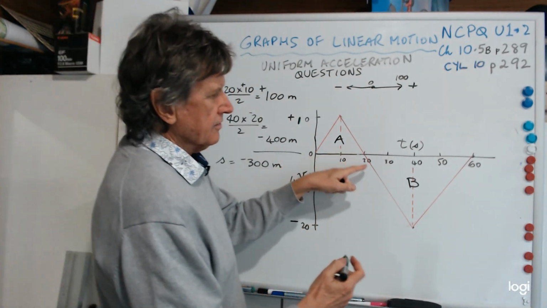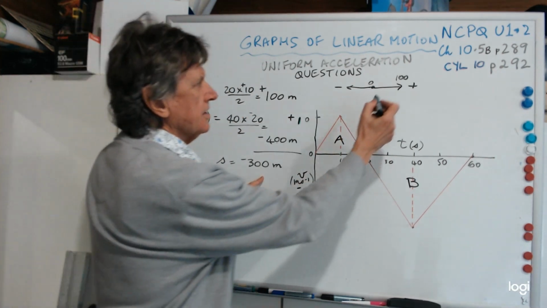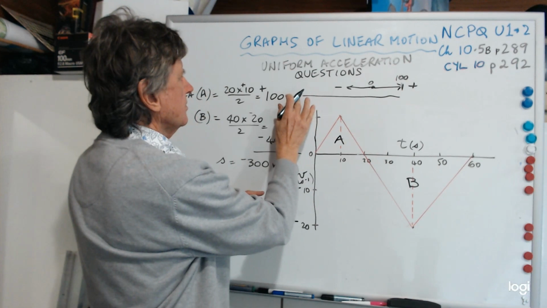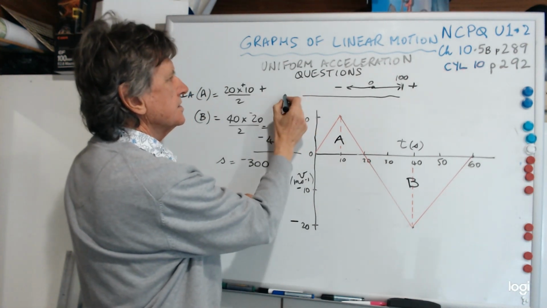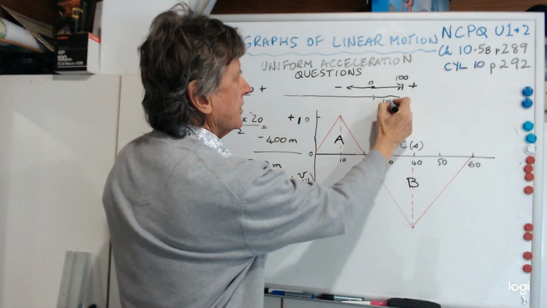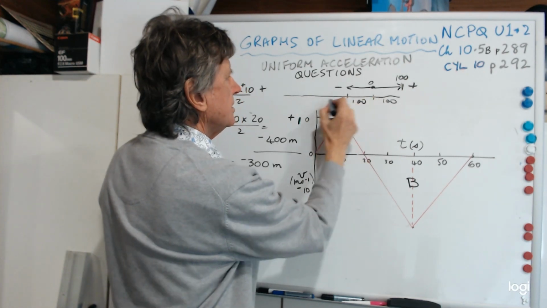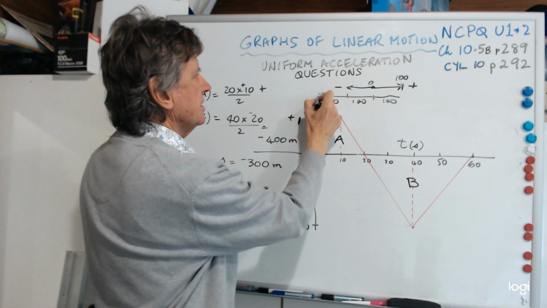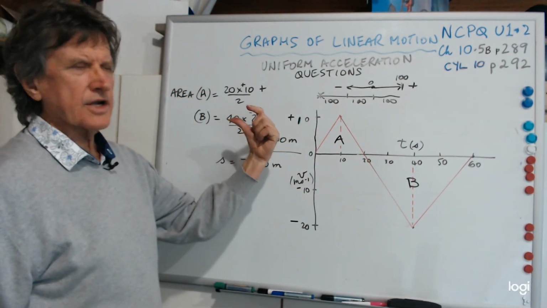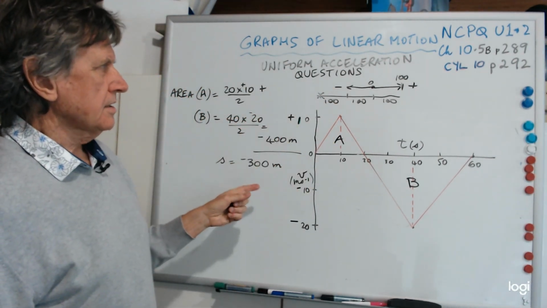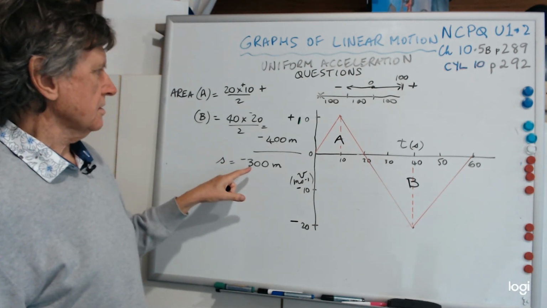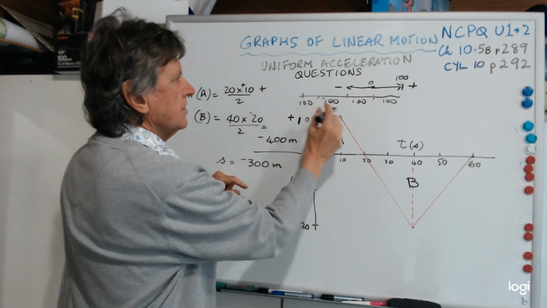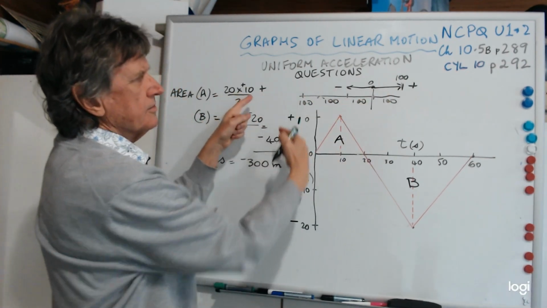So they ran back 300 metres, so they're to this point here. It's in the negative direction. So they ran 400, sorry. That's better. So that's 300 metres in the negative.